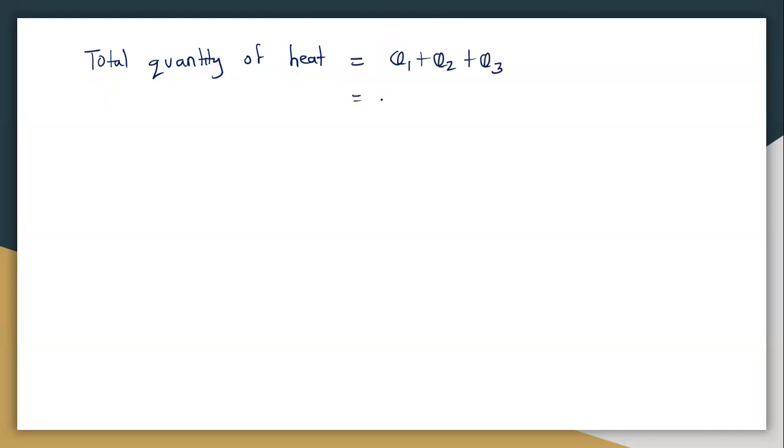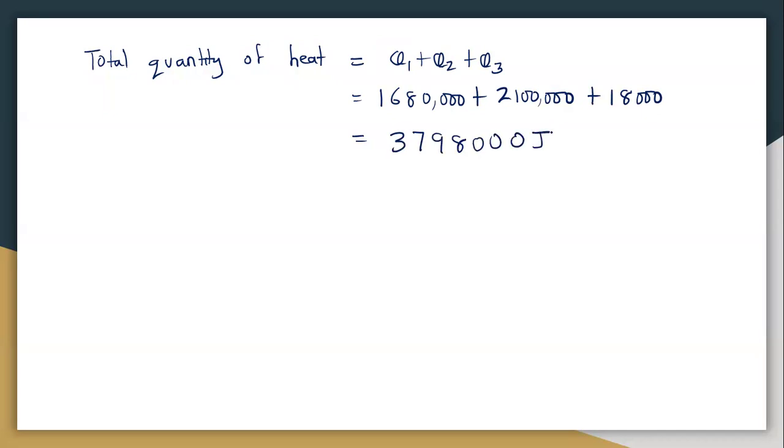Now you add everything you have: the 1680, add on 2100, add on 18000. When you add everything, you end up with 3798000 joules. Now, this is the quantity of heat.